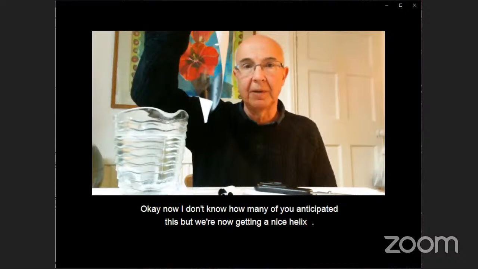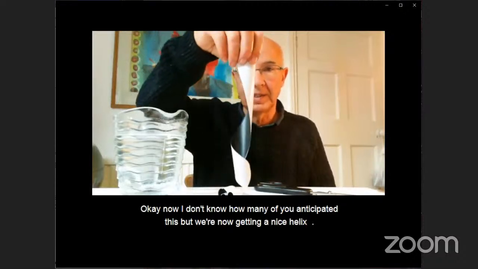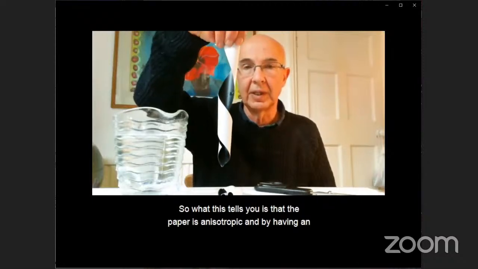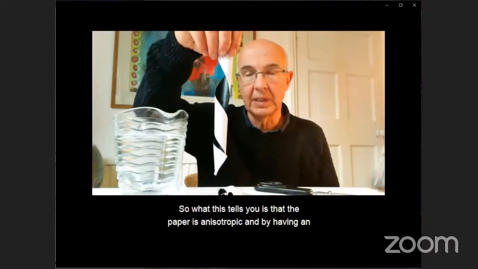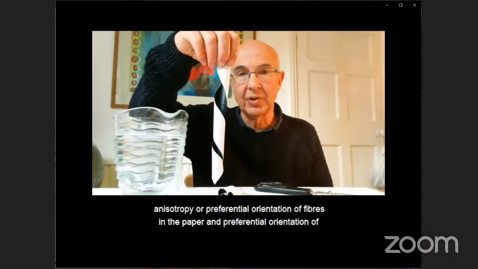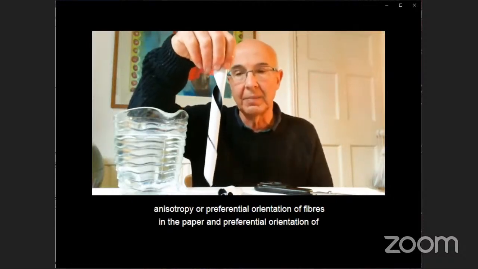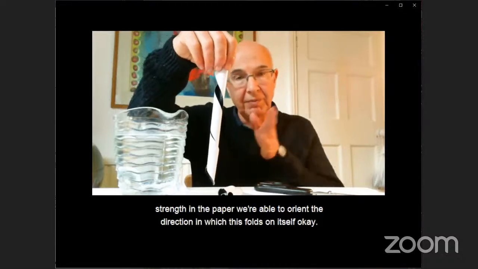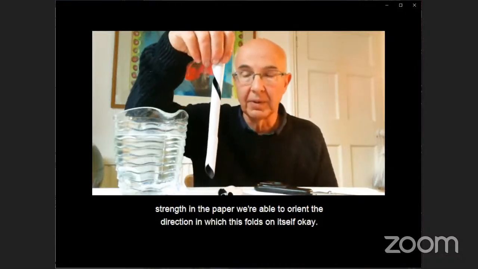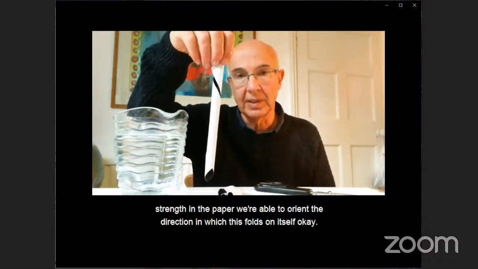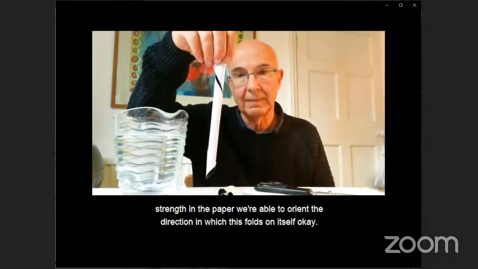Okay. Now I don't know how many of you anticipated this, but we're now getting a nice helix. Okay. So what this tells you is that the paper is anisotropic, and by having anisotropy or preferential orientation of fibers in the paper and preferential orientation of strength in the paper, we're able to orient the direction in which this folds on itself. Okay.